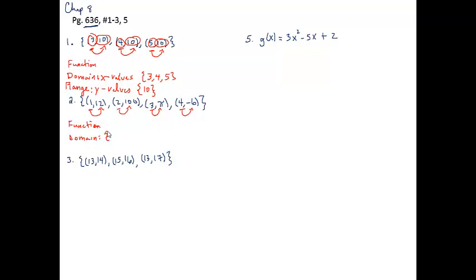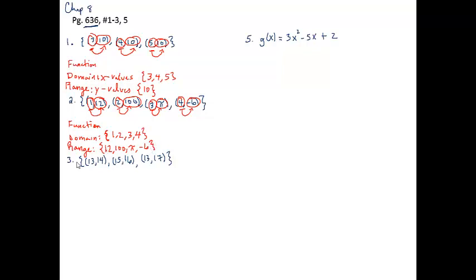The domain is the set of all my x values: 1, 2, 3, 4. And then my range is the set of all the y values: 12, 100, pi, negative 6.